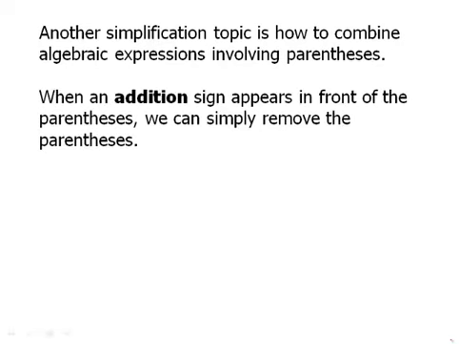Another simplification topic is how to combine algebraic expressions involving parentheses. Parentheses, this is a big mathematical topic. When an addition sign appears in front of the parentheses, we can simply remove the parentheses. That's very easy.